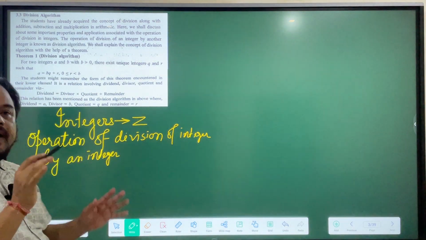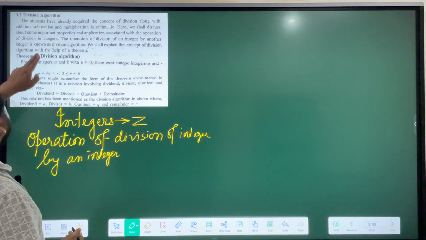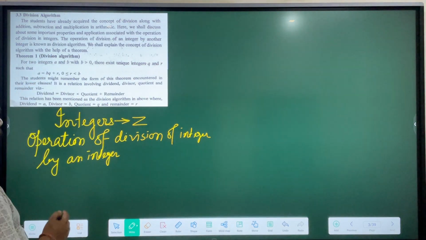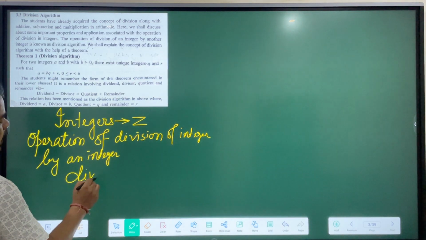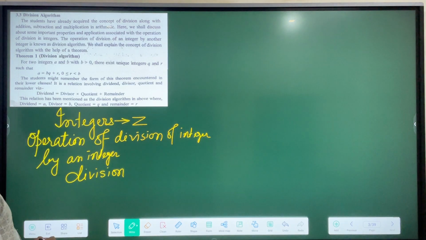One integer will be divided by another integer. That is called the division algorithm. Division algorithm is very, very important.